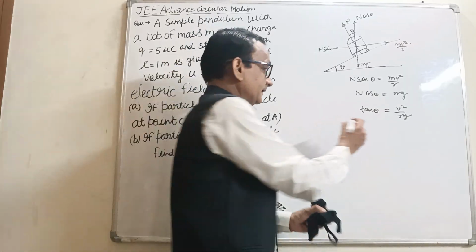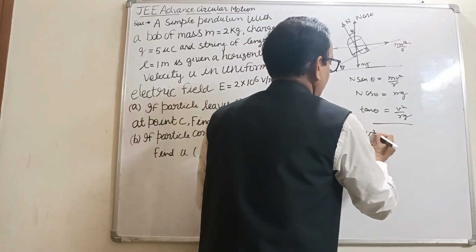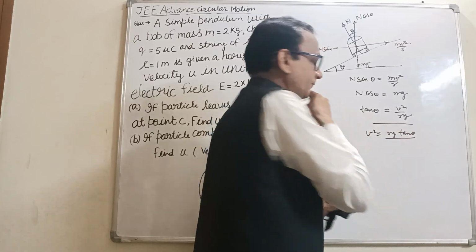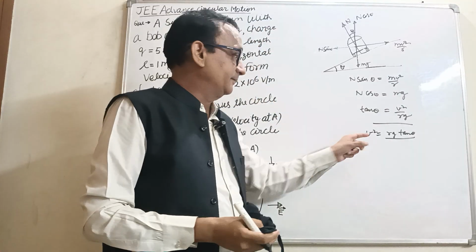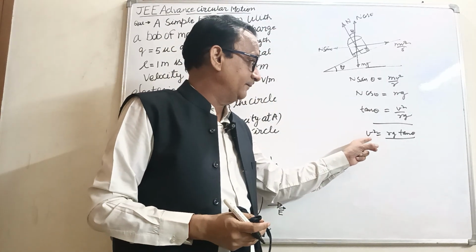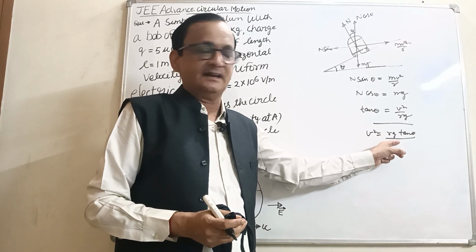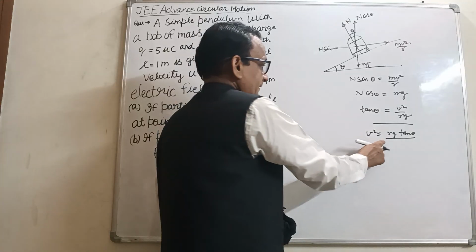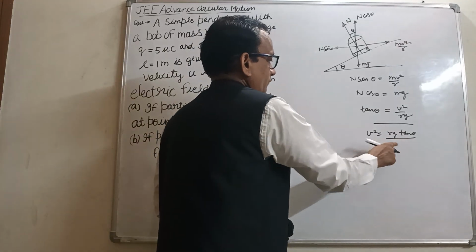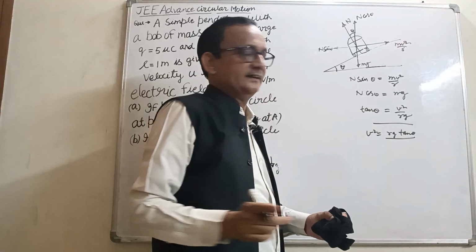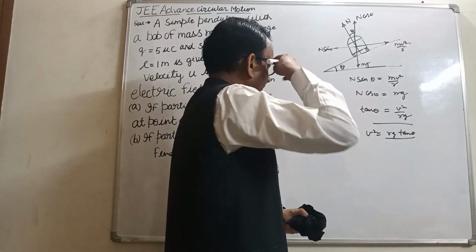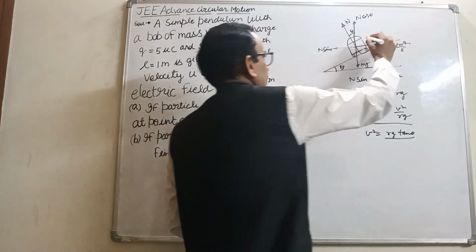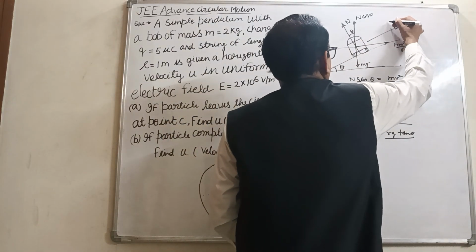The limiting speed is v square equals rg tan theta. If the speed is more than the limiting speed, the vehicle skids outside, and if it is less than under root rg tan theta, it skids inward.